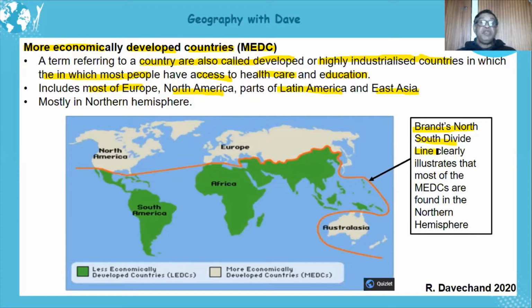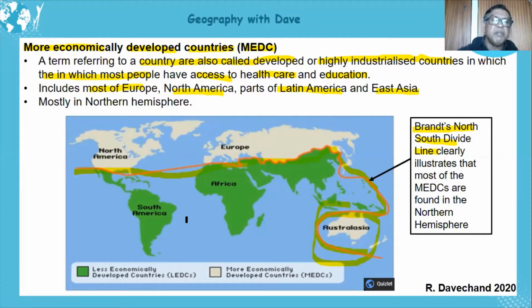If we use that line, we will find that most of these MEDCs, I'm going to use the short term now, are found in the north of this line, or generally in the northern hemisphere, besides Australasia down here, and maybe little parts of these areas, but most of them are found in the northern hemisphere.